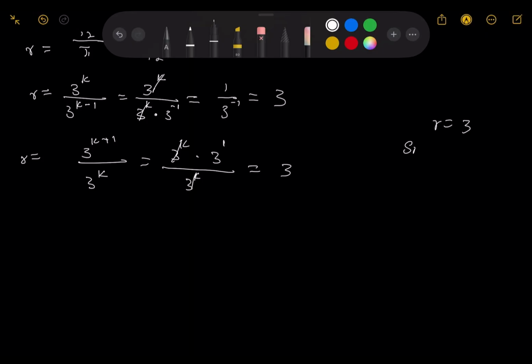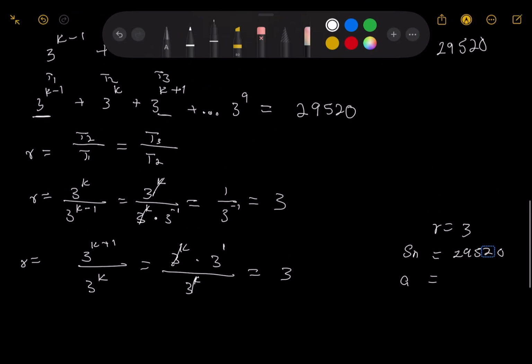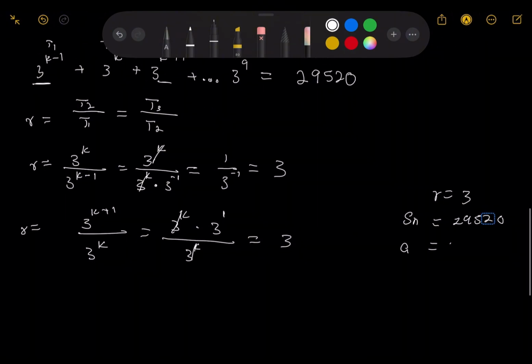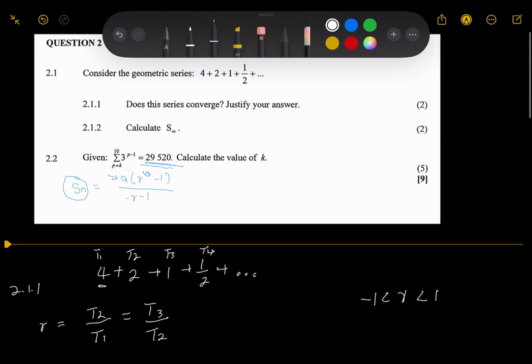We have S of n equal to 29520. We will have a, which is the first term, 3^(k-1). And now we want n. Now the question is, what is n in this case?